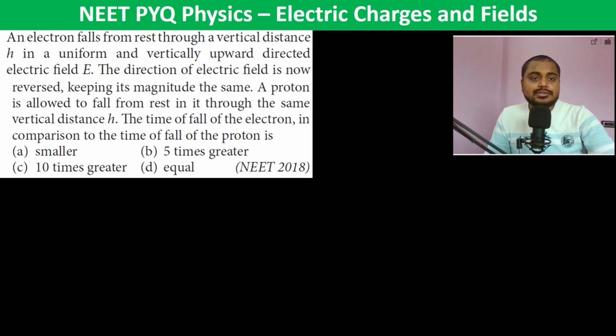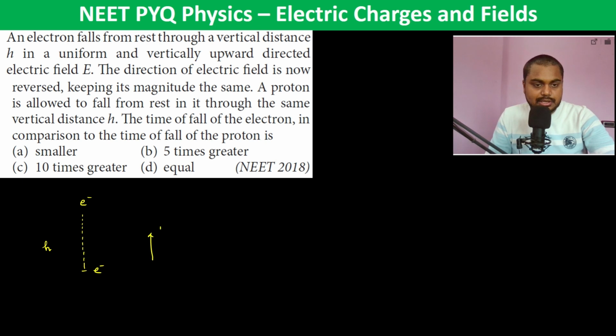An electron falls from rest through a vertical distance h in a uniform and vertically upward directed electric field. So the electron was here, and now it falls from rest through a vertical distance h. So the electron has come here in a uniform and vertically upward directed electric field.